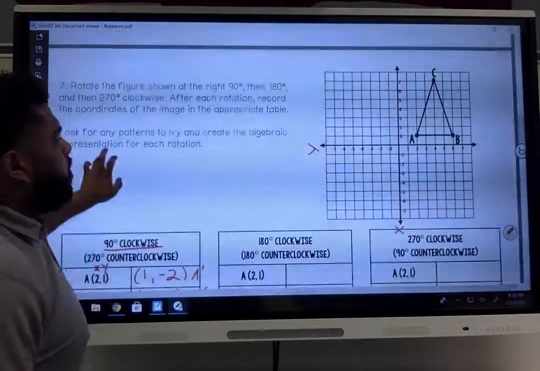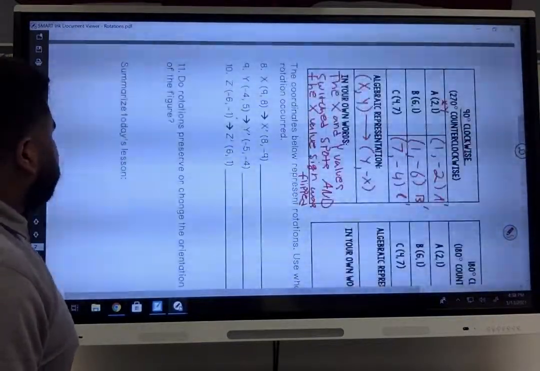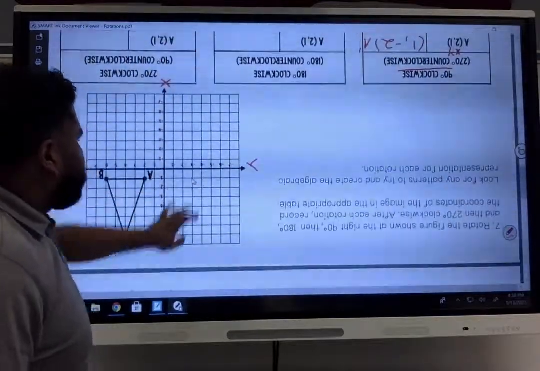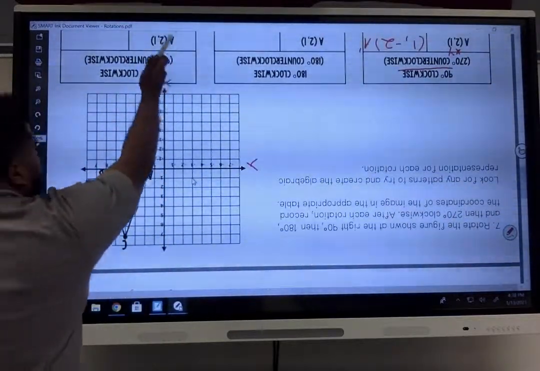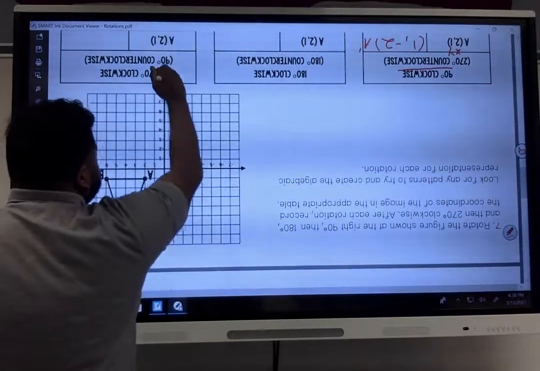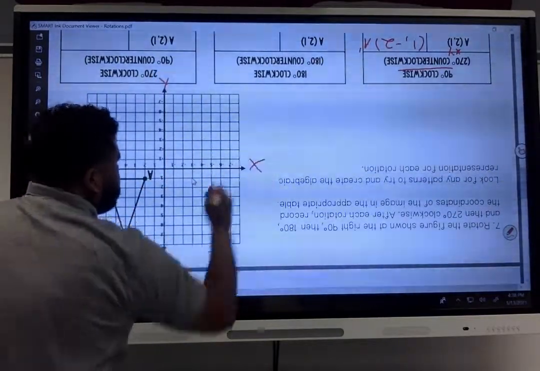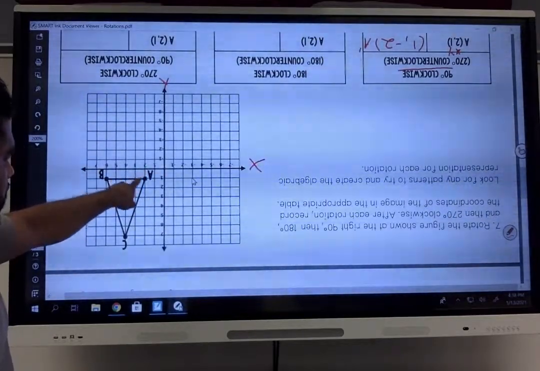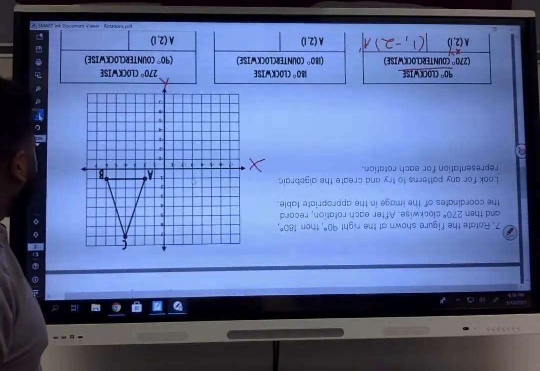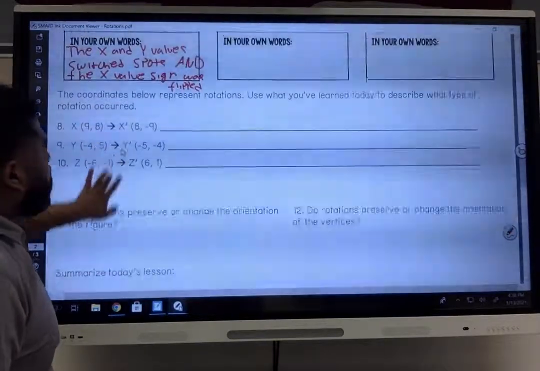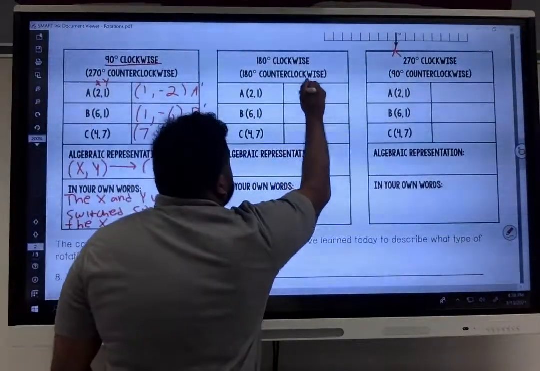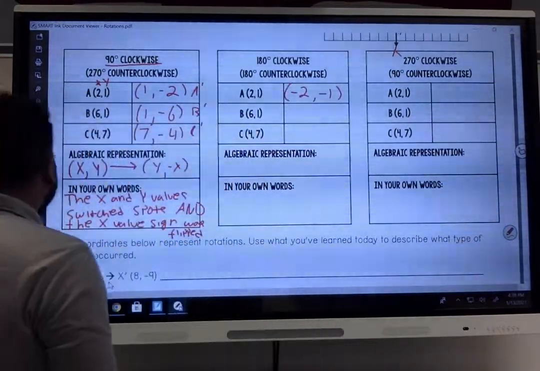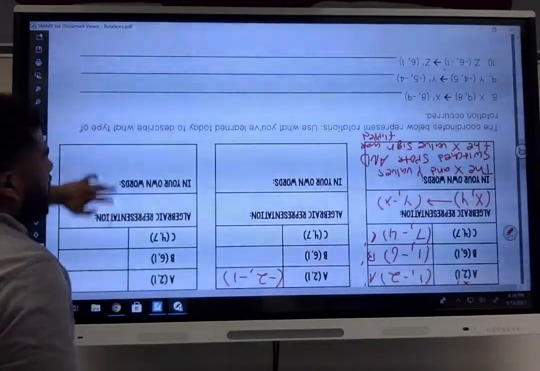So if one rotation is 90 degrees, if I add another 90, that's how we get to 180. So let's take a look. Now we have, this is my y-axis, and this is my x-axis. So let's go ahead and look. A is now at -2, -1. Okay. So now my A prime is going to be at -2, -1. All right. So let's go back.